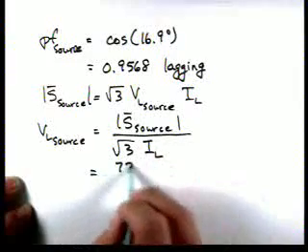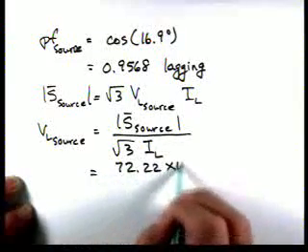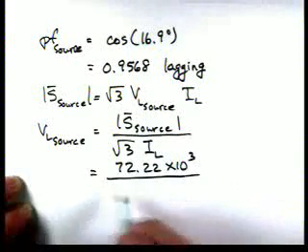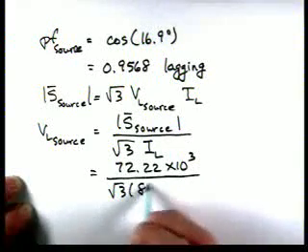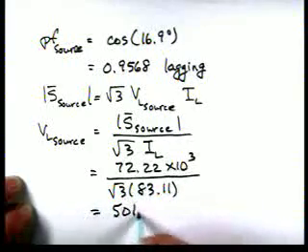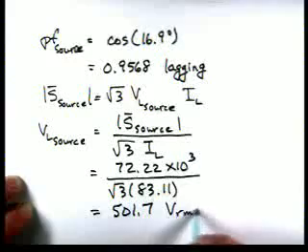So we have 72.22 kVA divided by the square root of 3 times 83.11, and that gives us 501.7 volts RMS.